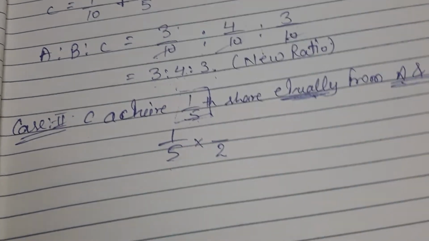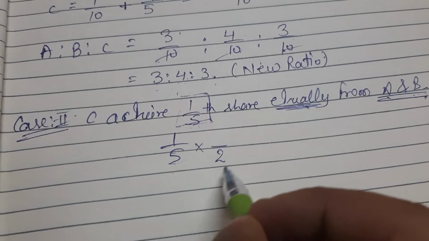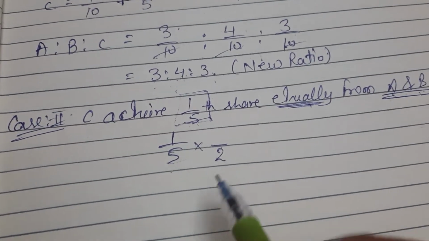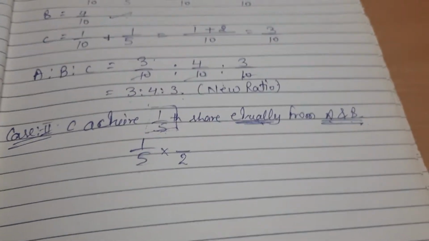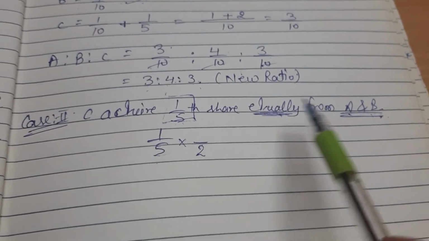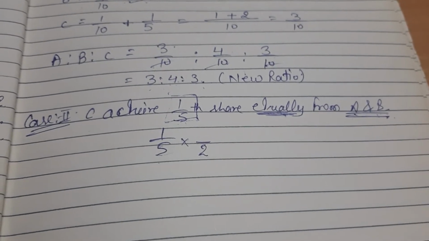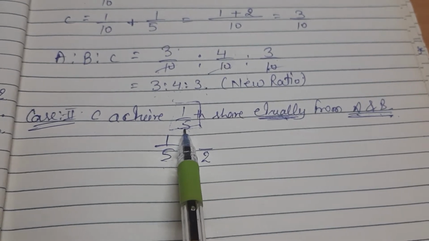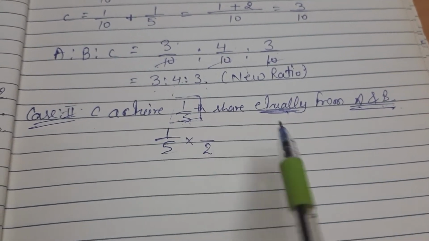Suppose you have to divide it into 3 parts, multiply by 3. If you have to divide it into 4 parts, multiply the denominator by 4. In this way you can calculate dividing into 2 equal parts, multiply by 2.